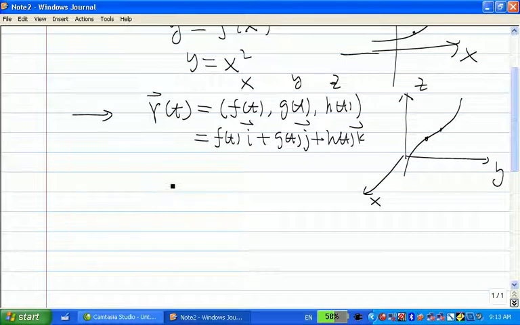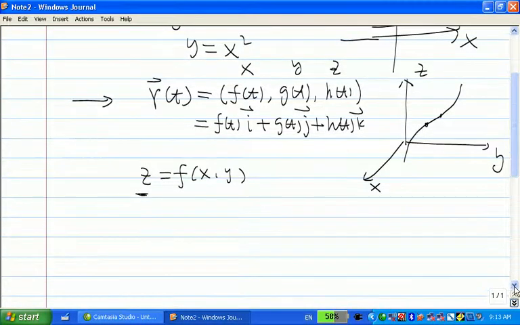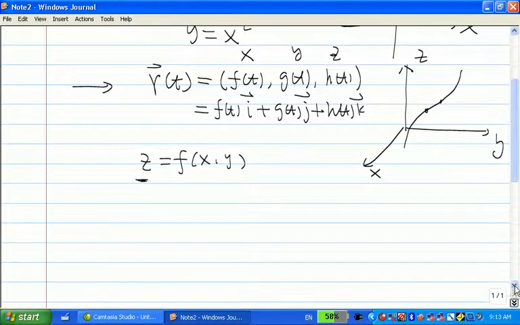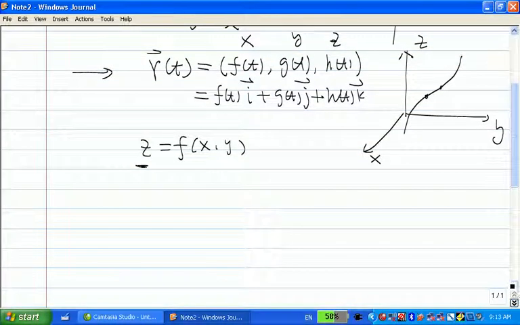Then another type of function we learn is, say, z equals f(x, y). This time for this function, the independent variable has 2 components, x and y, so it is a vector, but the function itself is a scalar. The dependent variable z is a scalar. So what's the graph of that? That's what we just learned.